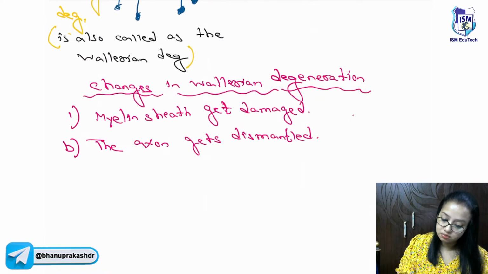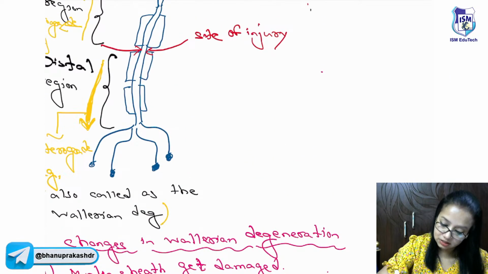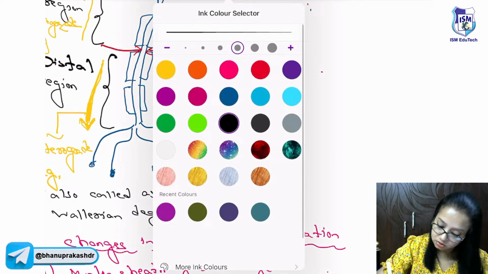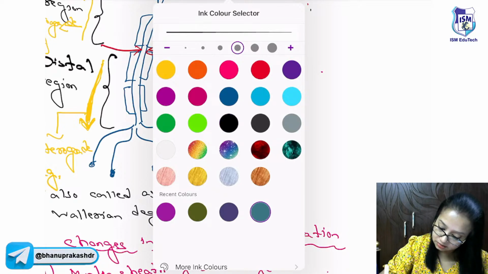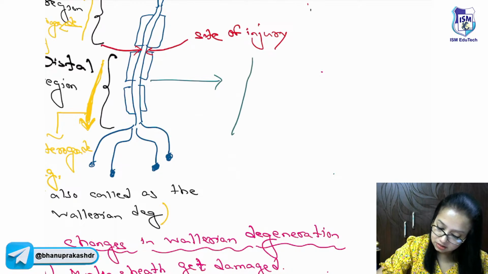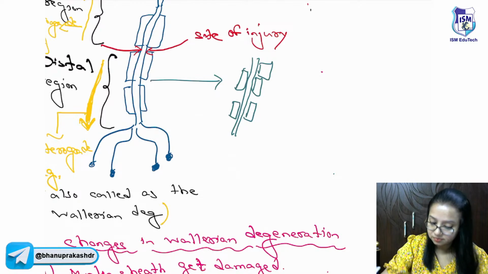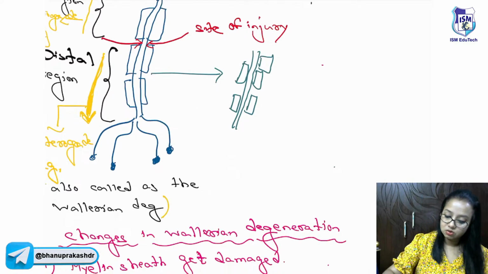Now, when this myelin sheath gets damaged, how does it look? Side by side, I'm drawing. It will be easy to understand. So, myelin sheath damage will look something like this. There will be wearing of this myelin sheath, like this. This myelin sheath will just wear off.